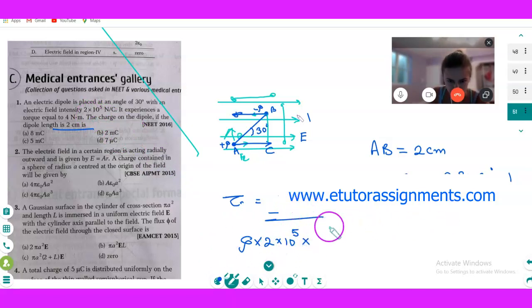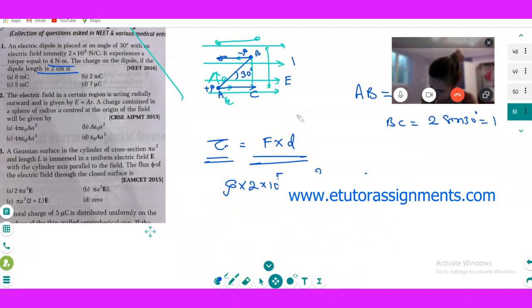D is 10^-2 meter. QE times D must be equal to the torque, which is given as 4. Can you find Q? So it's going to be 2 millicoulomb.